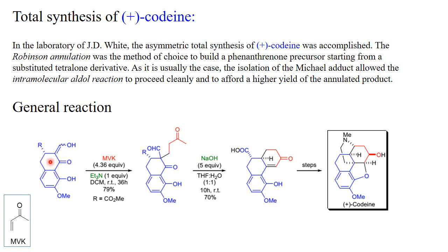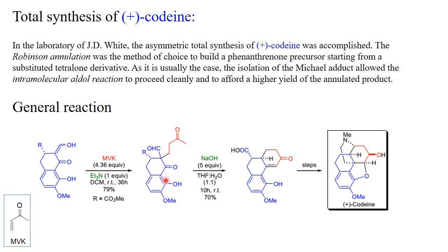As is usually the case, the isolation of the Michael adduct allowed the intramolecular aldol reaction to proceed cleanly and to afford a higher yield of annulated product. So, Robinson annulation reaction is involved in the synthesis of the intermediate required for the total synthesis of the dextrorotatory compound codeine.